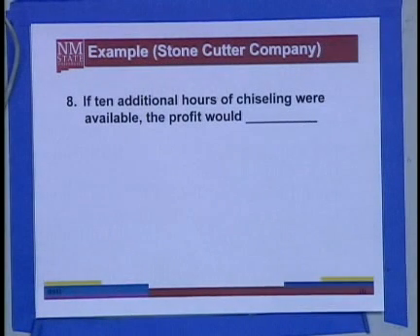Okay, next is question number 8. If 10 additional hours of chiseling were available, what happened to the objective function value? Okay. So, according to the problem description, the company's current workforce has production capacity, which is sufficient to allocate 180 hours of chiseling, right?